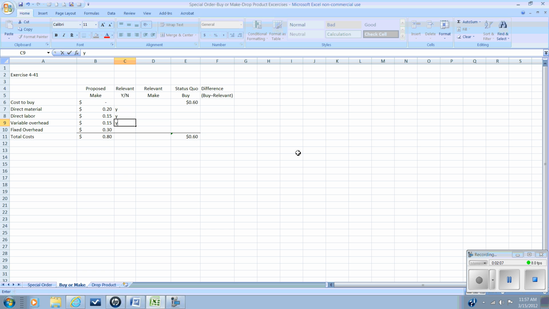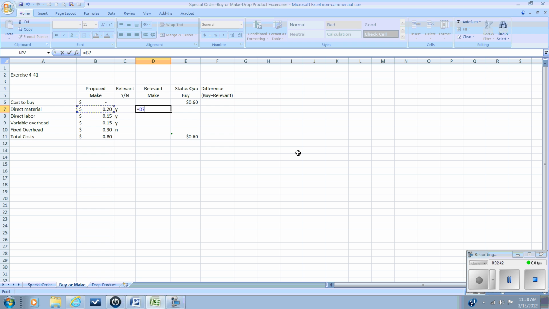So the variable overhead is avoidable, does differ between alternatives, but even though we're not showing that fixed overhead in our buy column, that actually is still there since the company cannot avoid it, and it is not relevant to the decision whether we should buy or make.